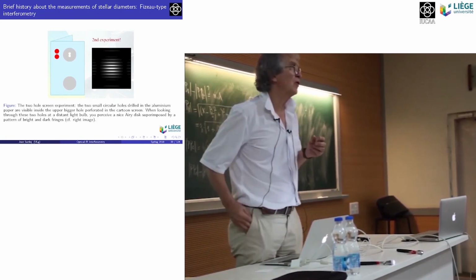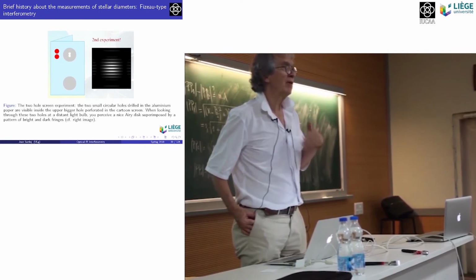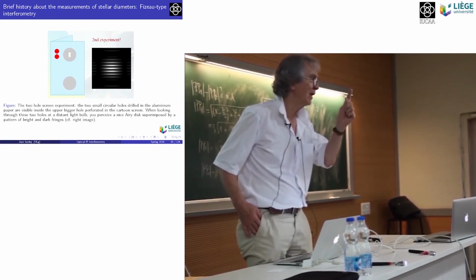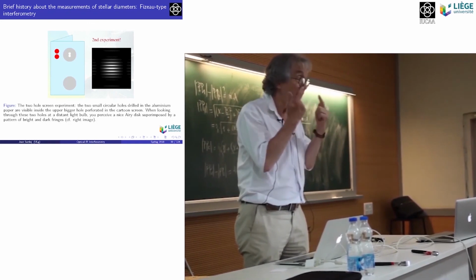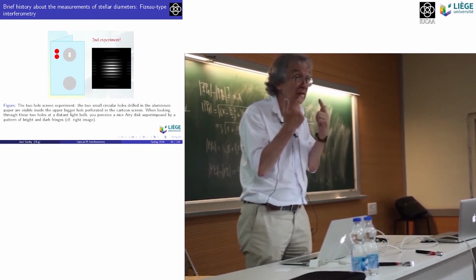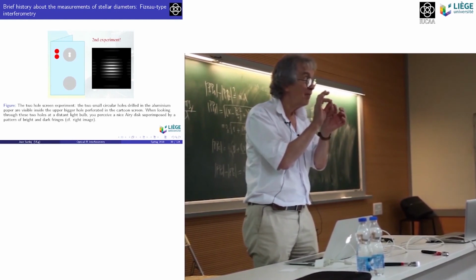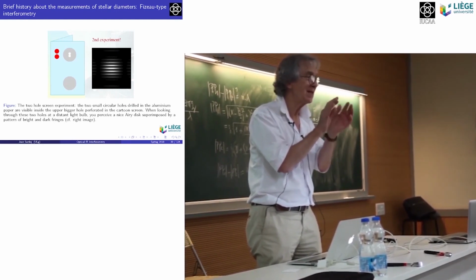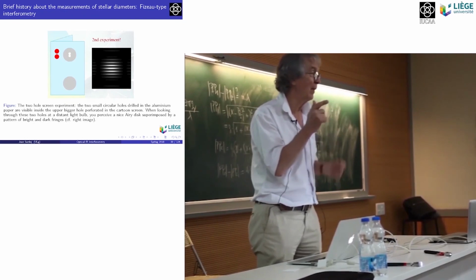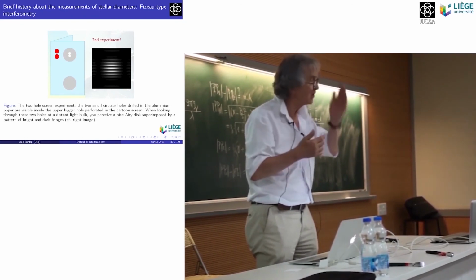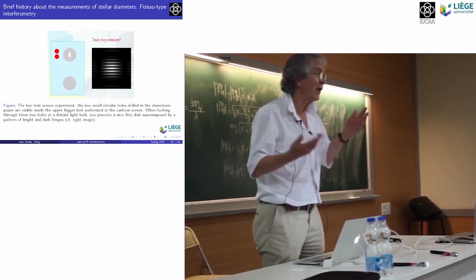So whether you take 500,000 or 600,000, it doesn't make a big difference. So, if we had very good eyes, we could see a chromatic dispersion. We could see that blue light is less separated than red light. But our vision doesn't allow us to see that. Therefore, we see fringes in white light.